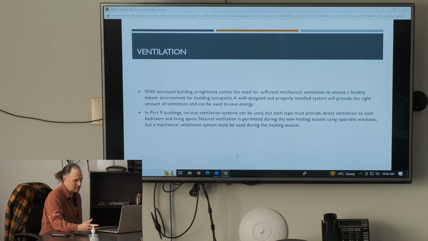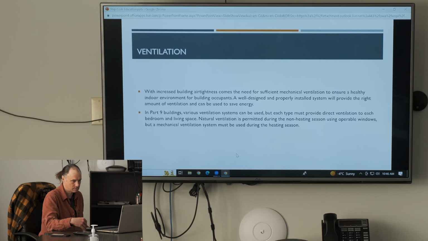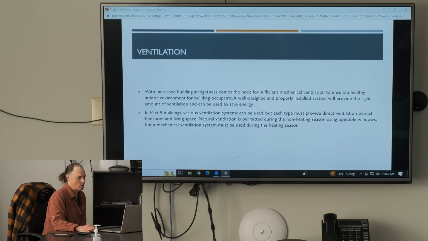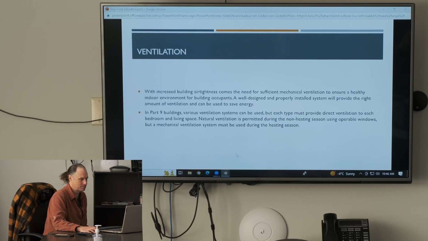Ventilation. We've talked about the need for getting an airtight continuous air barrier to meet certain performance requirements, but with that increased building air tightness comes the need for sufficient mechanical ventilation to ensure a healthy indoor environment for building occupants. A well-designed and properly installed system will provide the right amount of ventilation and can be used to save energy.